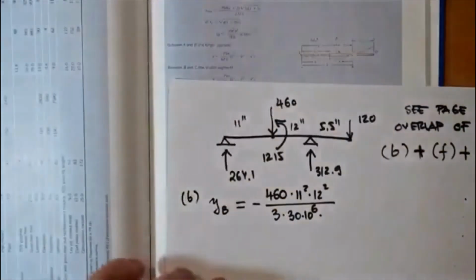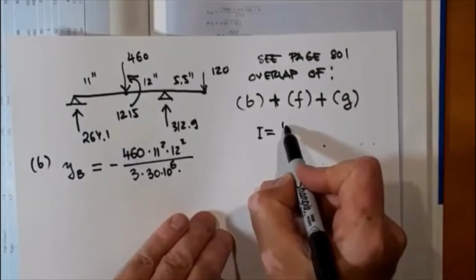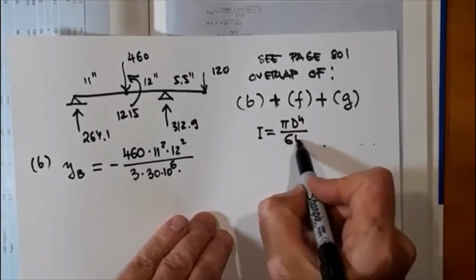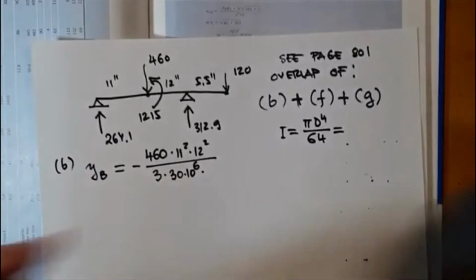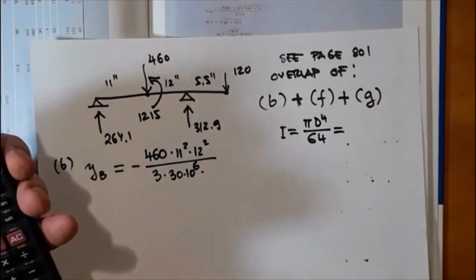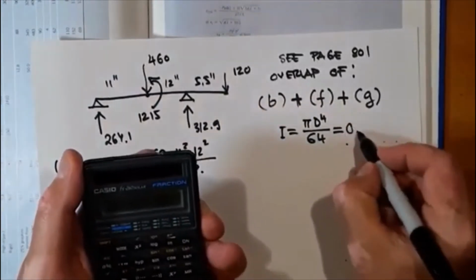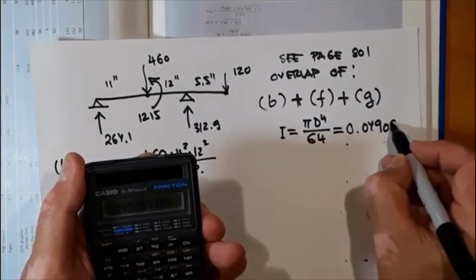So I is pi diameter to the power 4 over 64. Let's calculate it. Lucky, 1 to the power 4 is 1. So pi over 64 is 0.04908709.